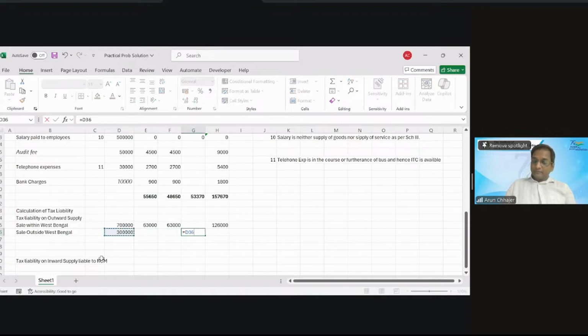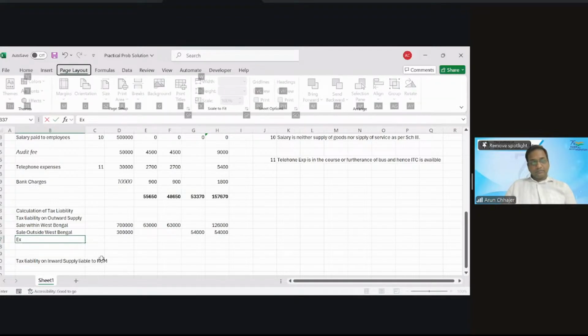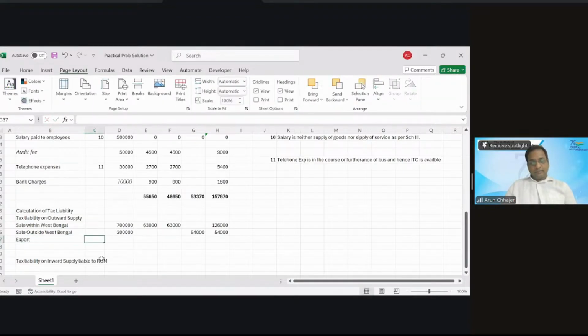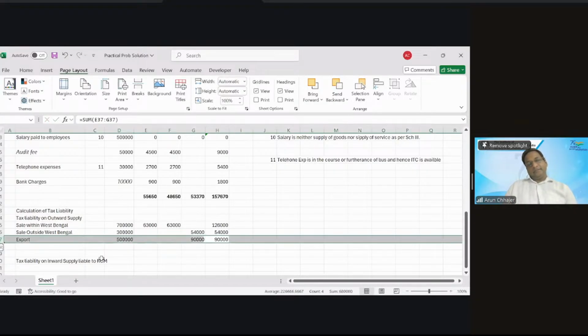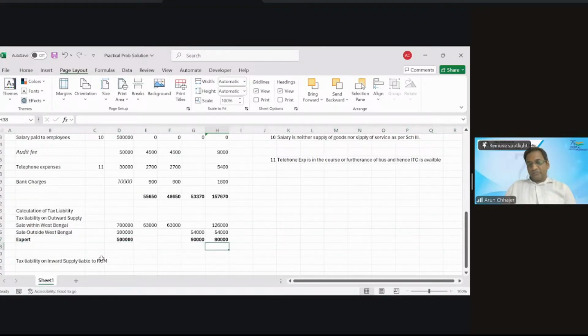It will attract IGST. And export, 5 lakh, and export will always have IGST. Is it correct? Have I made any mistake in this calculation? Please confirm.